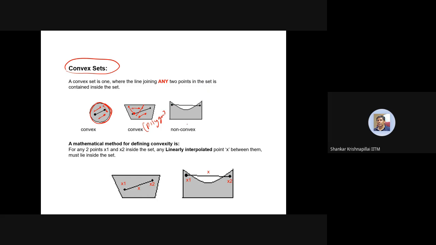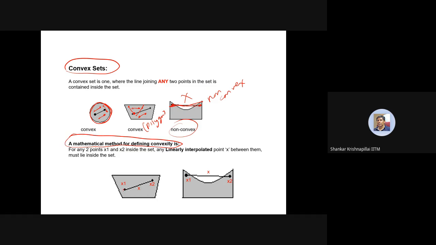But this is not convex. If I take these 2 points here and draw the line, it is going out of the set. So this is non-convex.